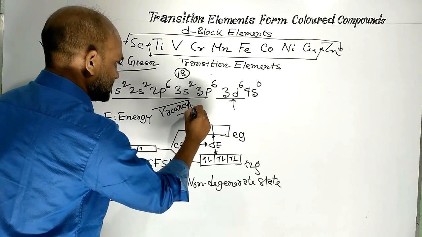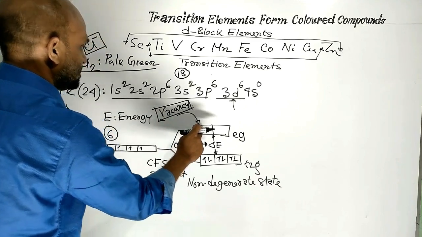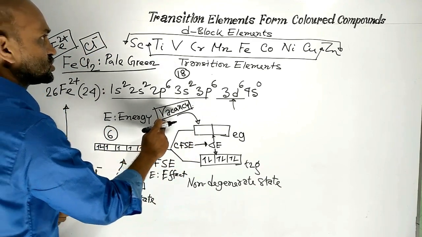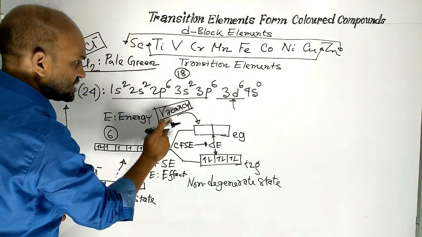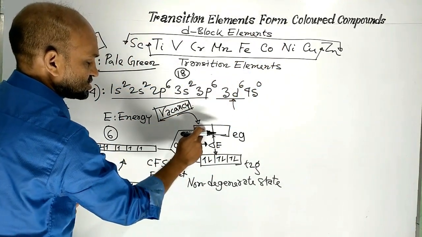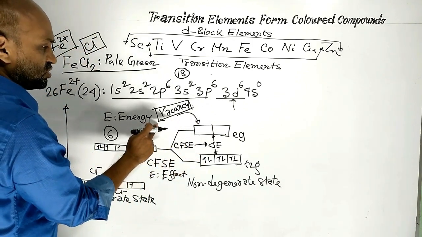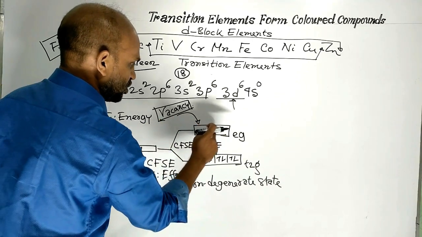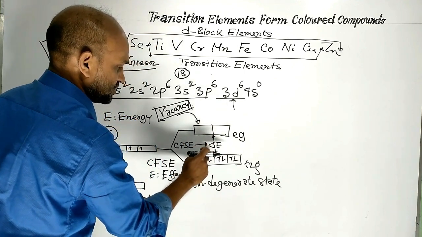This vacancy of orbitals is basically responsible for forming colored compounds. The vacancy of these orbitals is the key point, along with this energy gap.